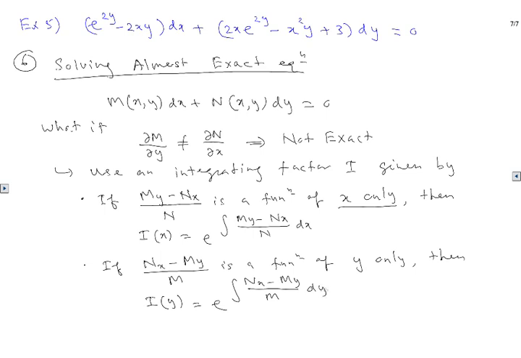Now what do you know? Once you multiply by this integrating factor, your differential equation becomes exact. So I times M dx plus I times N dy equals 0 is exact.